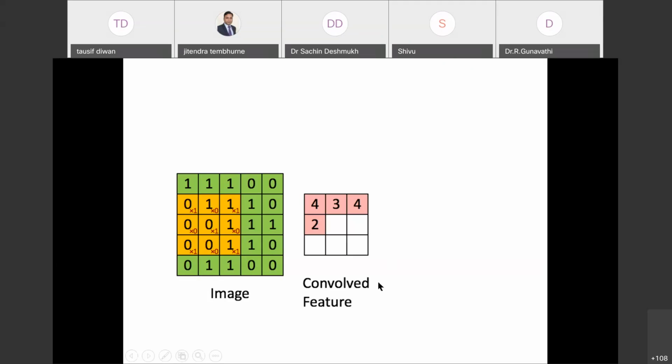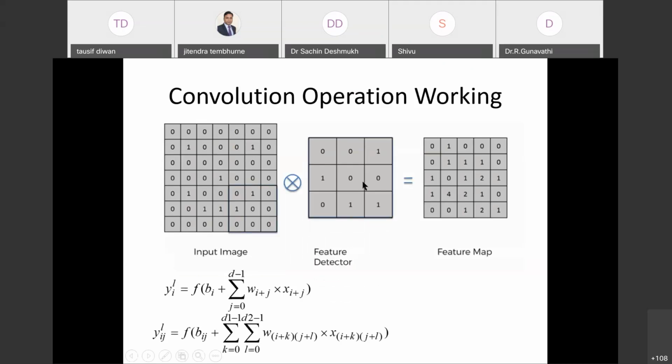Okay, so we will come to the previous slide. Here this was the input image on which we are applying this filter, and finally you will be generating this output image. Just consider here the stride is 1. What is the width of input? The width of input is 7, and the height of input is also 7.